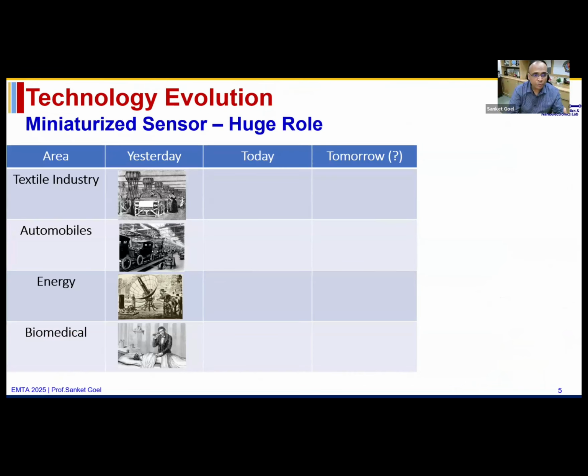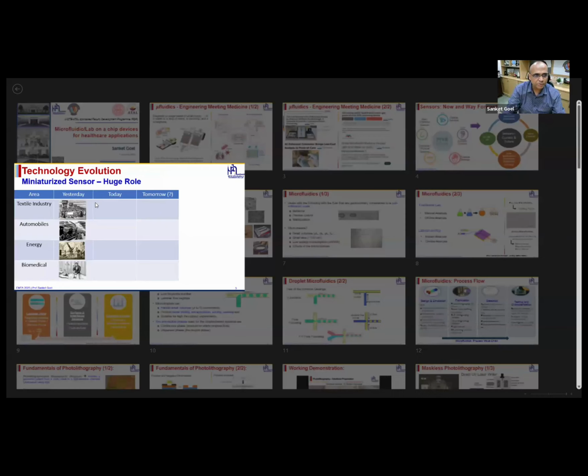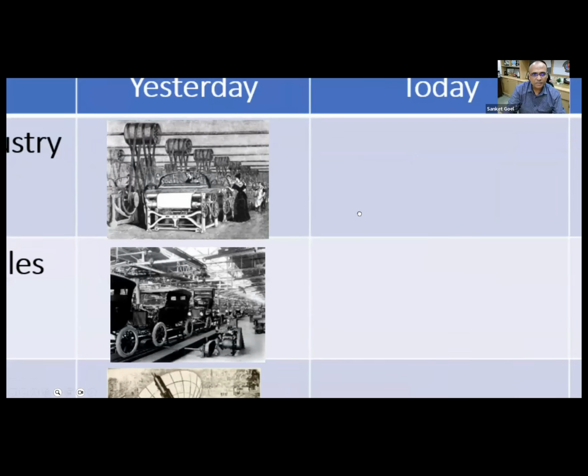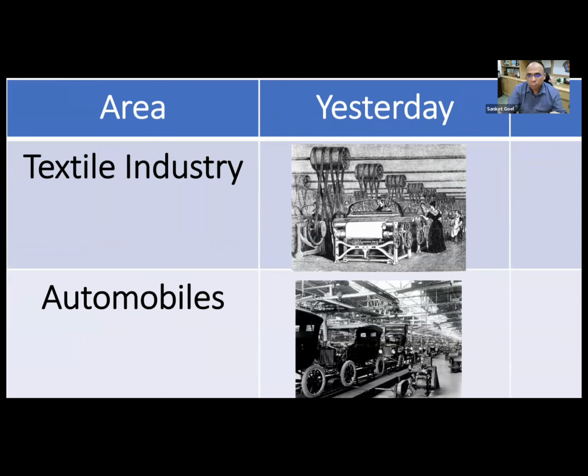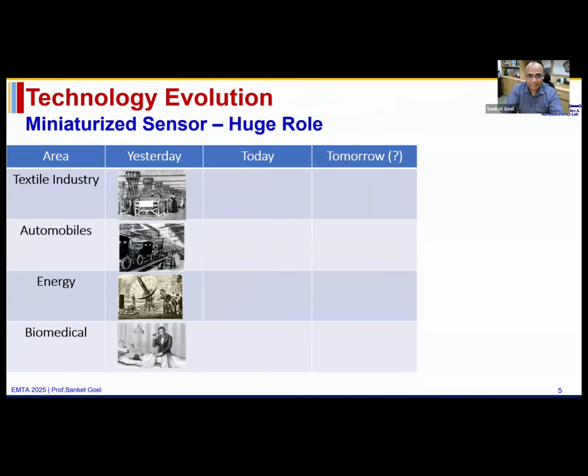Just to give you an example of four different industries, textile, automobiles, energy, and biomedical, you can see these black and white pictures in front of you. These are real pictures of these four industries 200 years ago, 150 years ago. That's how people used to create textiles, automobiles, and energy, like solar photovoltaics and so on.